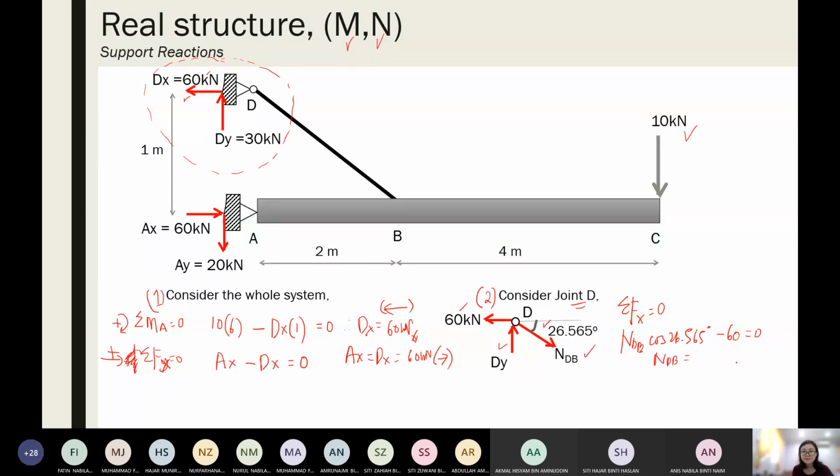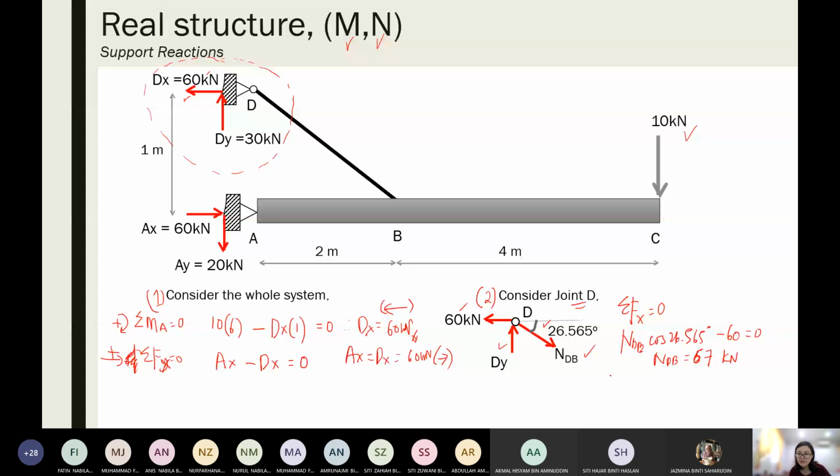Anyone can help? 67. Am I right? Yes. 67 kilonewton. So this is tension.